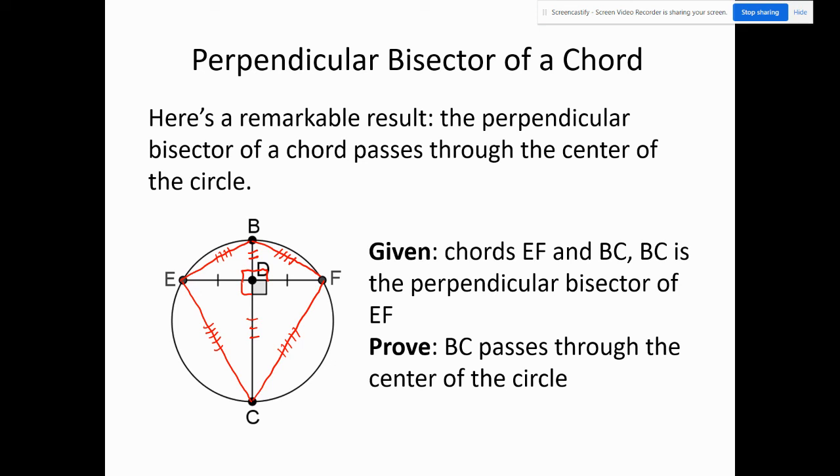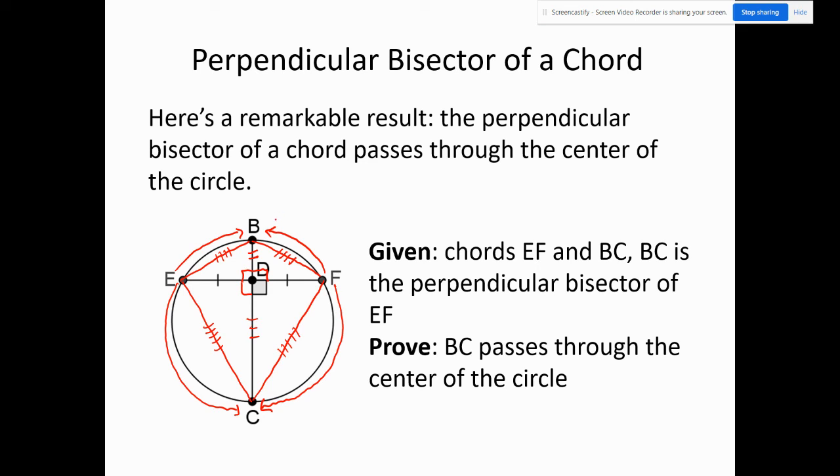What now follows about arcs EB and BF? They're cut by equal chords, so they're equal as well. And look at arc EC and arc FC. They're too cut by equal chords, so they are also equal.